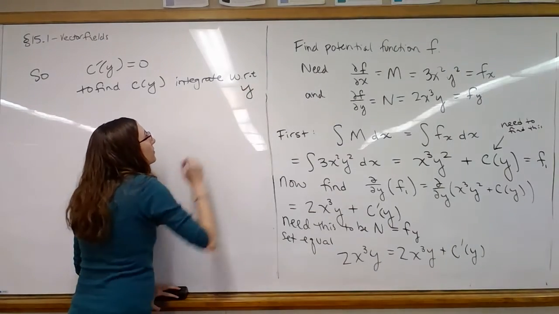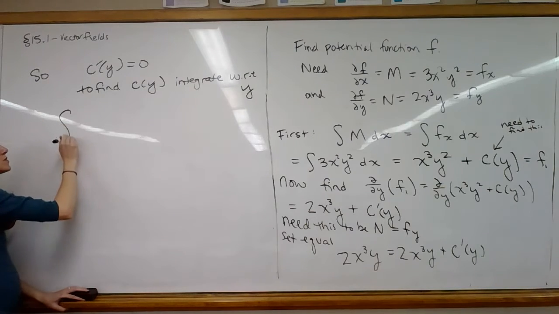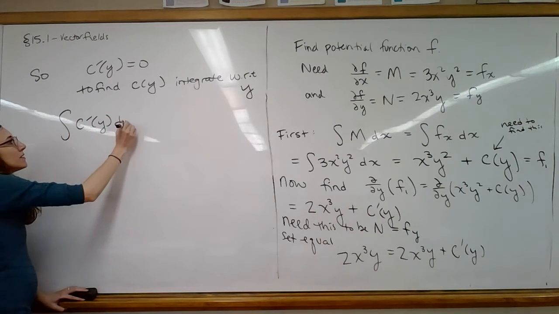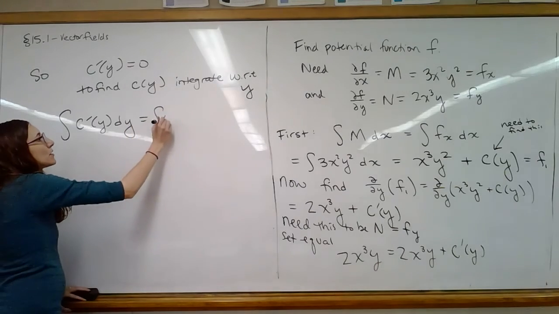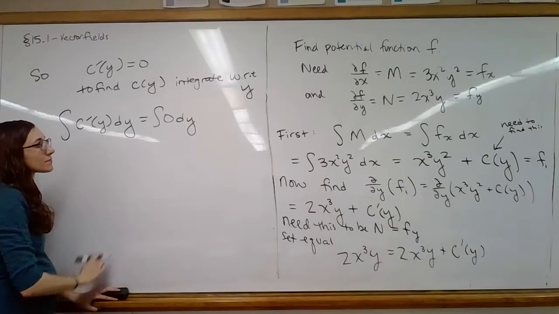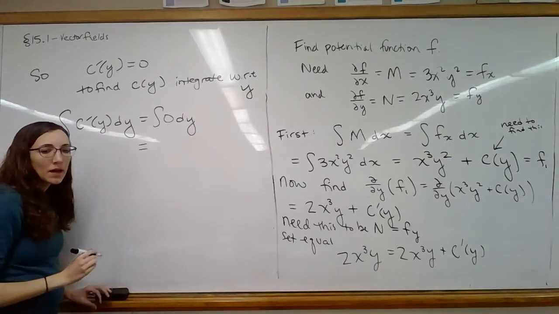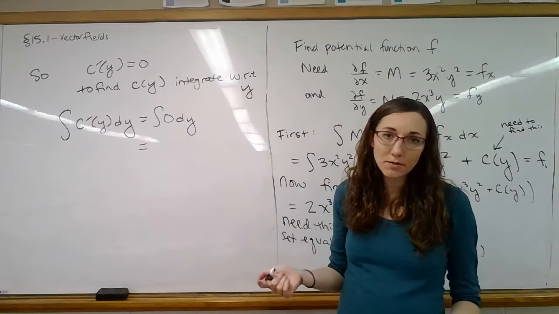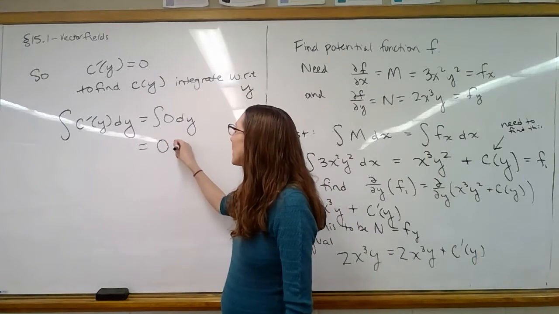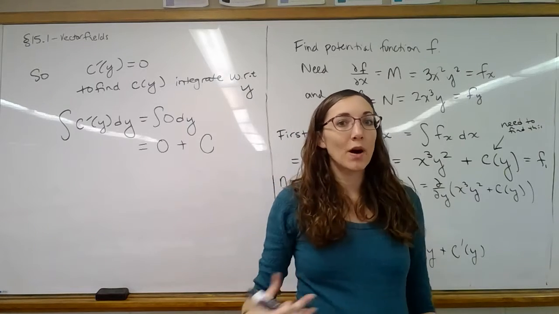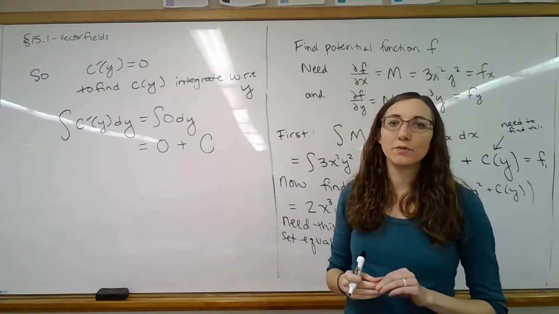So we need to integrate with respect to y. So the integral of c prime of y dy is the integral of 0 dy. And when I integrate 0, well, we get 0, but we also get plus a constant. We always get that plus a constant when we do a single integral.